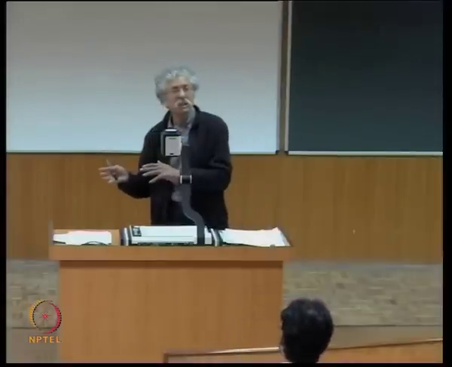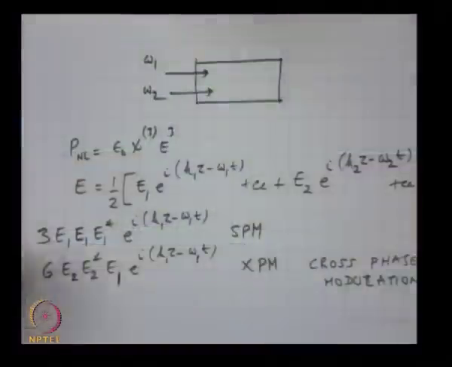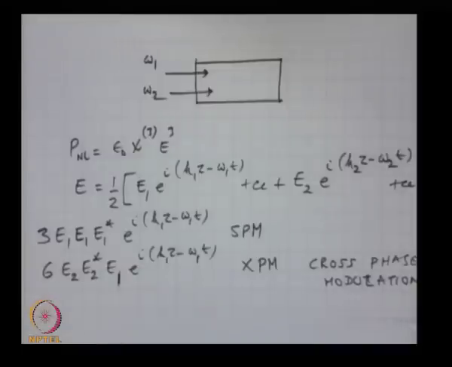So omega 2 is leading to a change in refractive index as seen by the omega 1 wave. The first term is where the omega 1 wave sees a change in refractive index because of the omega 1 wave, self-phase modulation. This is the term in which the omega 1 wave sees a change in refractive index because of the presence of the omega 2 wave, and that's called cross-phase modulation.